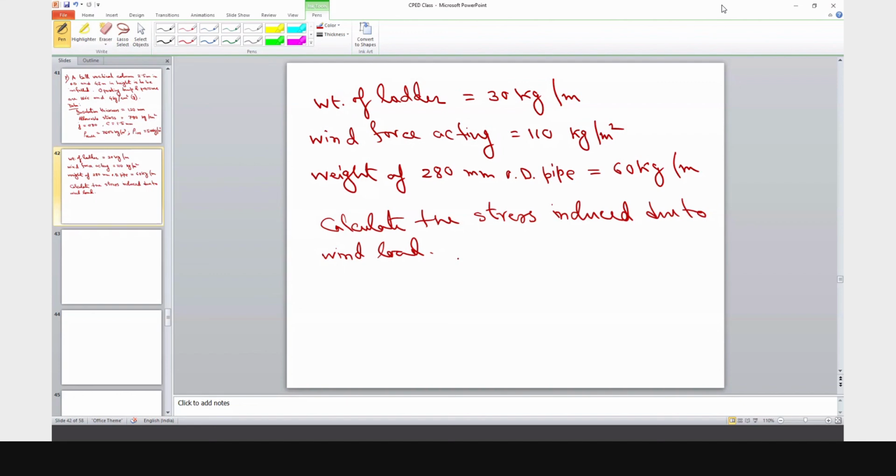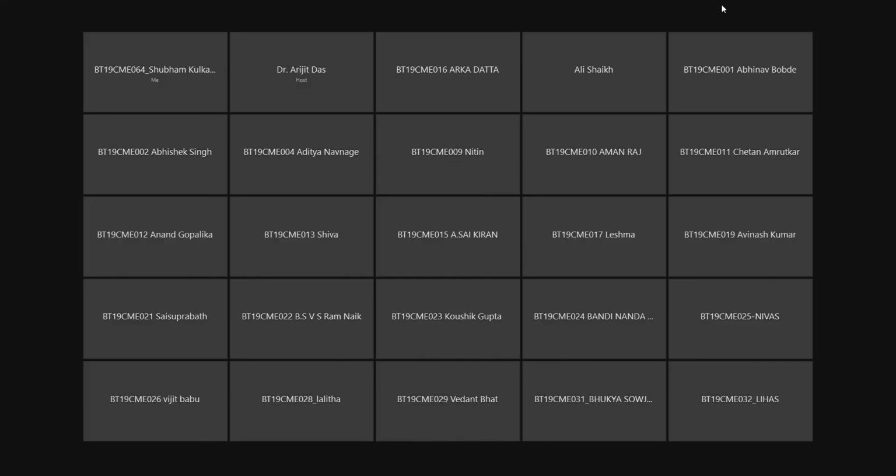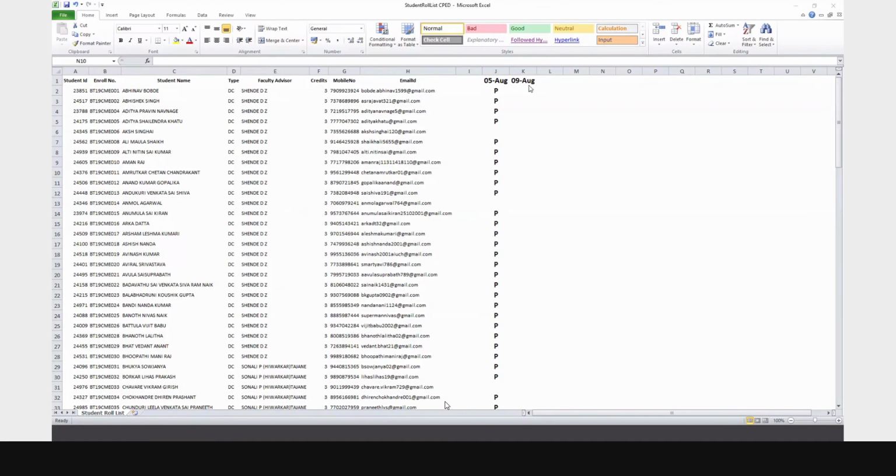Find out, see the formula and calculate the bending stress. You calculate. I will ask.